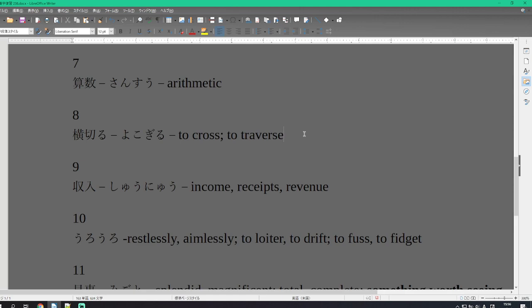Yokogiru is to horizontally cross or to traverse. Yokogiru is to travel, traverse, or cross.